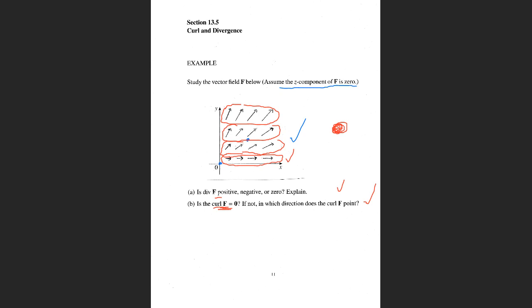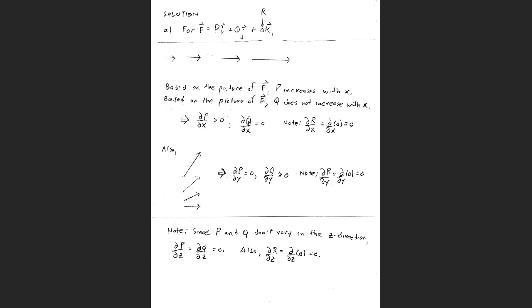On the next page, I recognize that the vector field F equals Pi plus Qj plus 0 times k, and I've drawn that first layer of water near the x-axis.